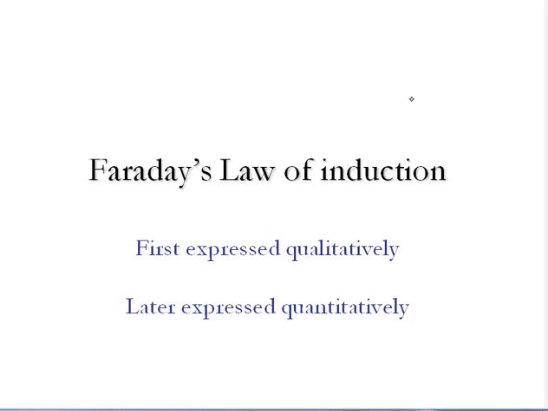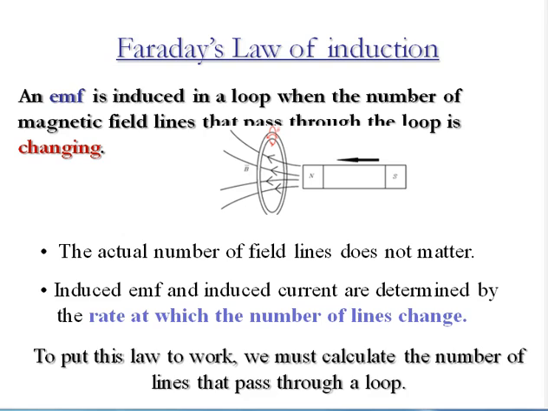So Faraday's law of induction: we'll first express it qualitatively and later express it quantitatively in terms of an EMF and in terms of an electric field. Faraday's law of induction says an EMF is induced in a loop when the number of magnetic field lines that pass through the loop is changing. This is qualitative, in how we can imagine it. The actual number of field lines doesn't matter, but the number of field lines needs to be changing.